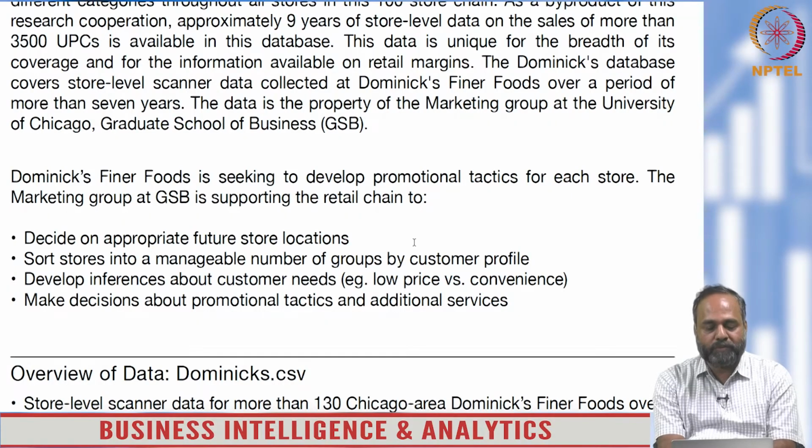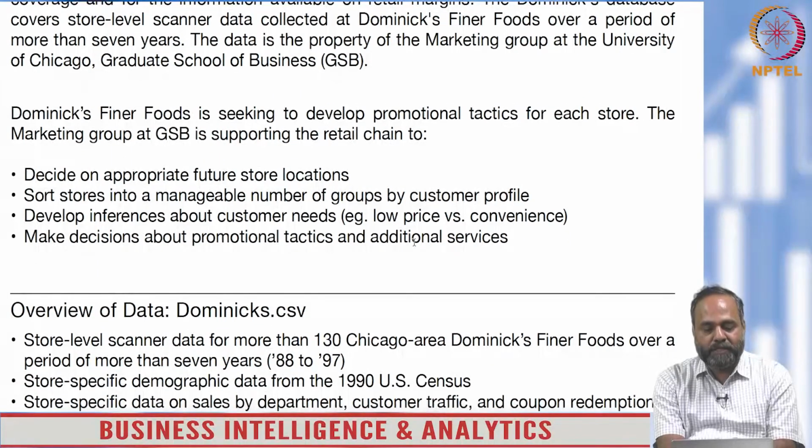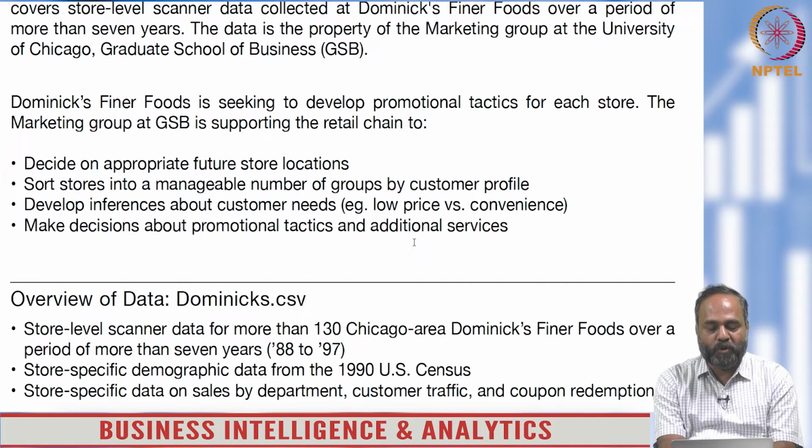Essentially the problem statement is that Dominick's Finer Foods is seeking to develop promotional tactics for each store. The marketing group of GSP is supporting the retail chain to decide on appropriate future store locations, so predicting appropriate locations for stores. That is one objective.